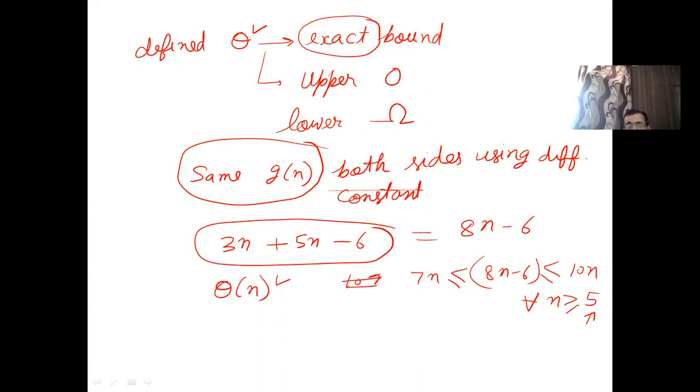If I am able to have something like this, then I can say I am able to estimate correctly. So I am able to find C1 as like this, C2 as like this; exact values you can find out.